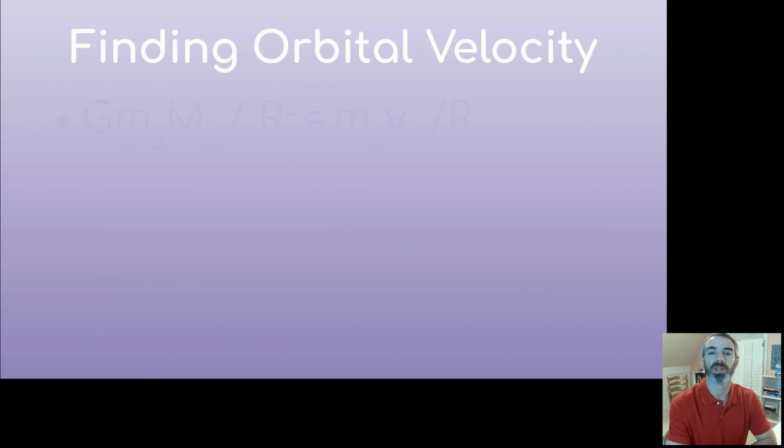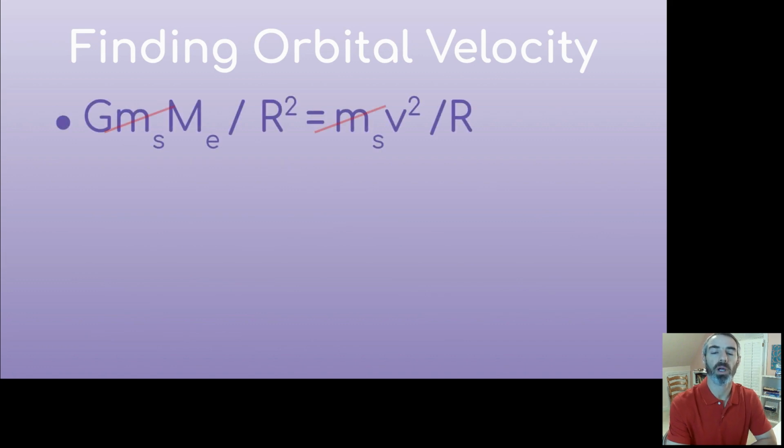Now, if you want to derive an expression for the orbital velocity, we start with the same equation. We know the masses cancel out, but we also have something else that cancels out: the radius. So r squared, one of those cancels out with the r. We can clean up that equation and simplify it to G times the mass of the Earth divided by radius, and that equals v squared.